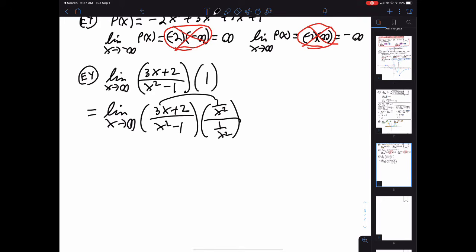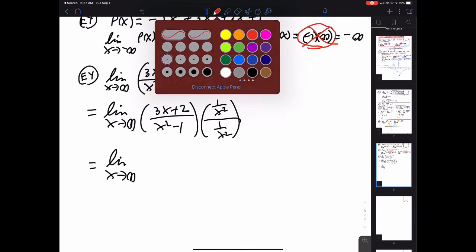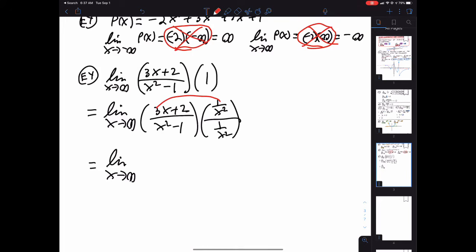So I want to divide top and bottom by x squared. So we just distribute these. And nice things happen, hopefully. Limit as x goes to infinity. So let's do 1 by 1. Okay, let me do different colors for you guys. That 3x divided by x squared is 1 over x.